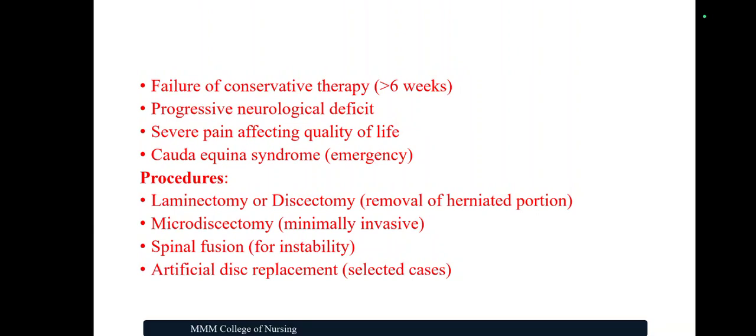The surgical procedures that can be done are laminectomy or discectomy, which includes removal of the herniated portion, microdiscectomy, which is a minimally invasive procedure, spinal fusion, and artificial disc replacement.